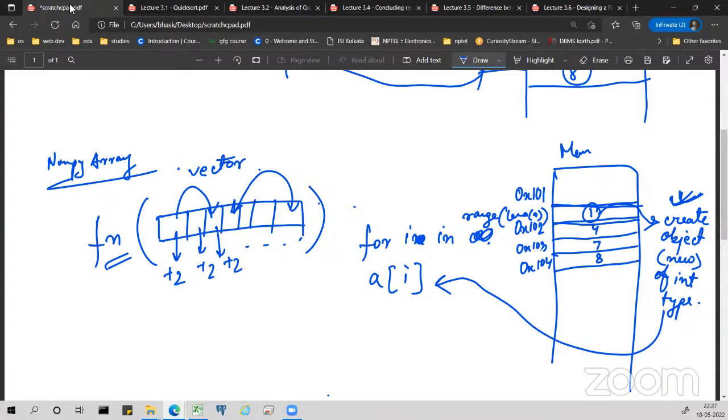That is not what NumPy arrays were created for. Vector operation means you do the same function, the same operation, on all the data elements present in that array.